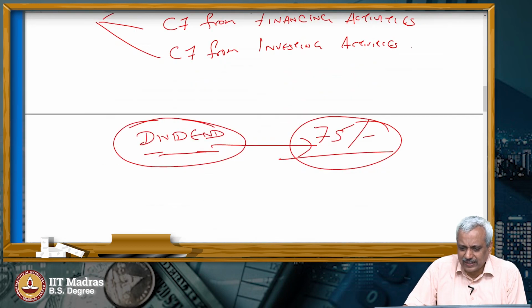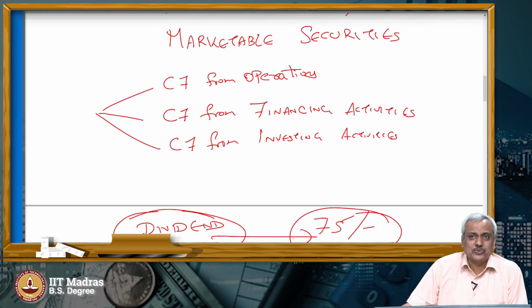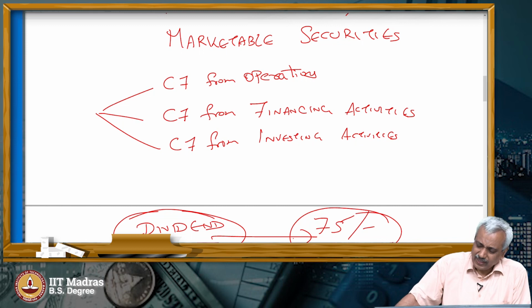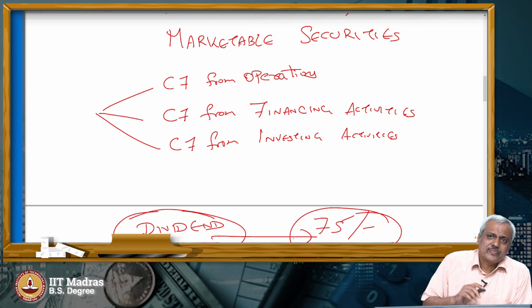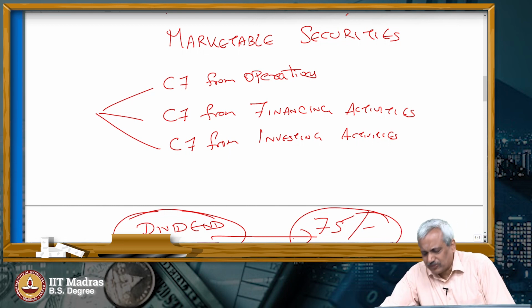Now, having said that, let me come back here. You have understood what dividends are. Now I move on. Normally, why do I differentiate between these three categories of cash flows?